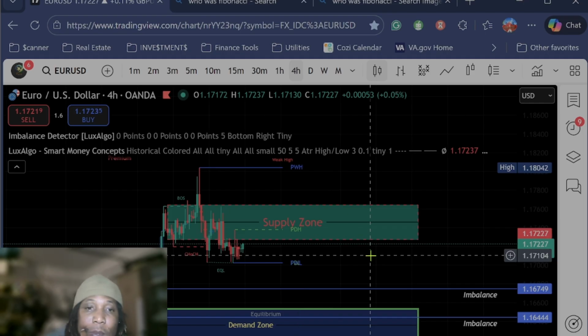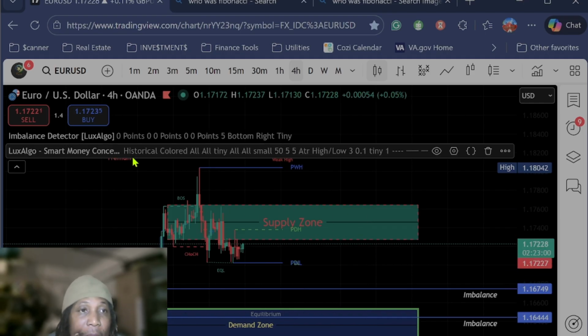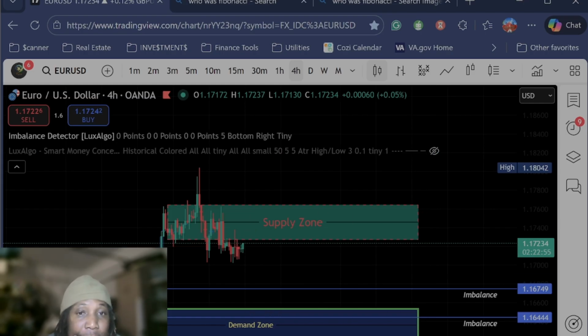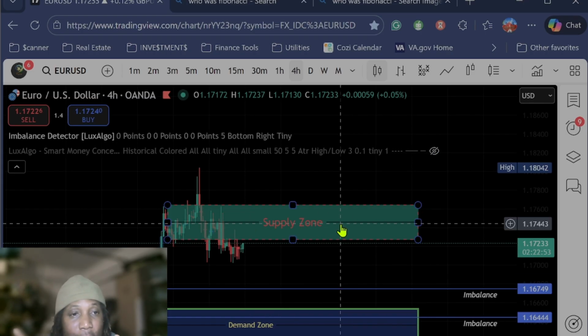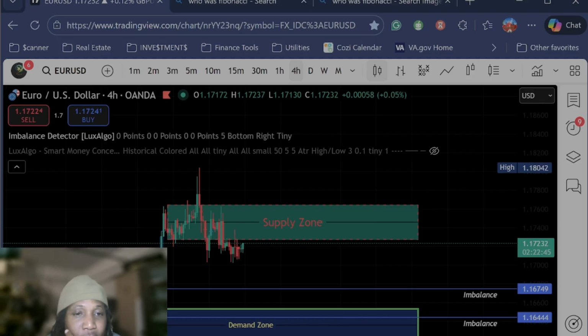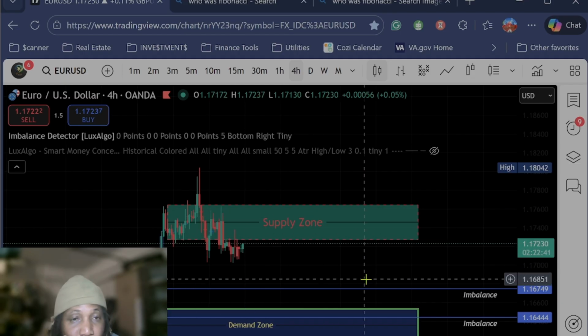I'm telling you this based on my analysis. I just covered up the smart money concept. I don't need it right now. I know my range. This is the range from here to here.